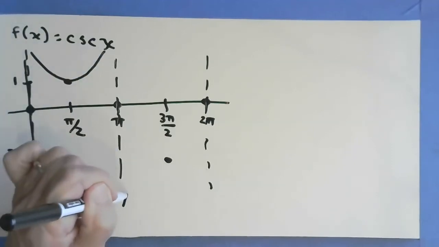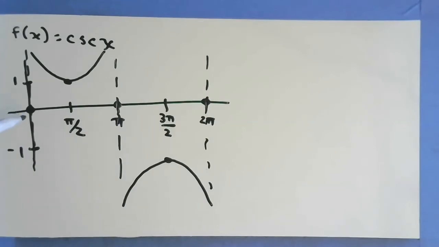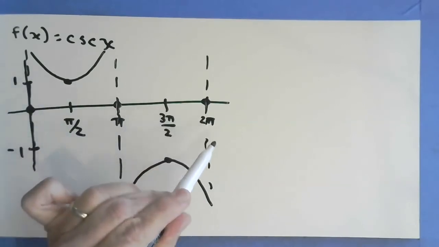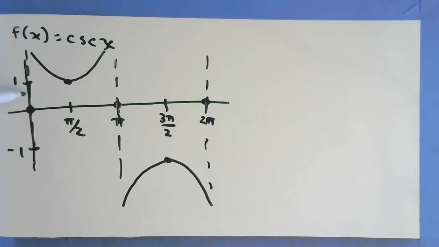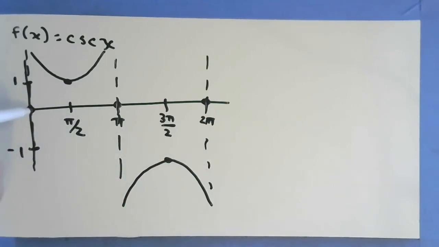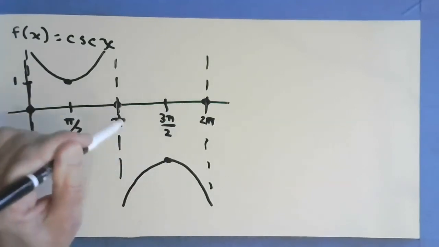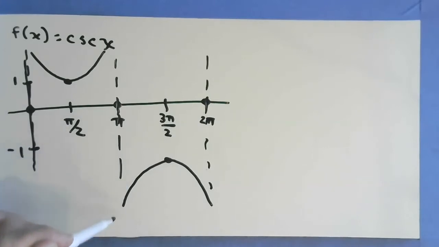And every part that's down stays down like that. The same 5 key points as sine, except the zeros are turned into asymptotes. Remember, sine would be up like this, but cosecant is that flipped with the asymptotes. Sine would be down like this, cosecant is down with the asymptotes.